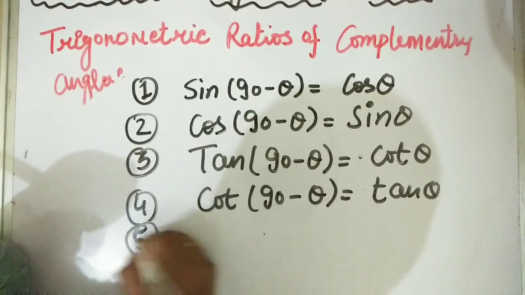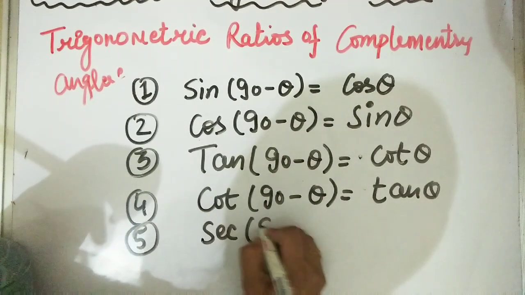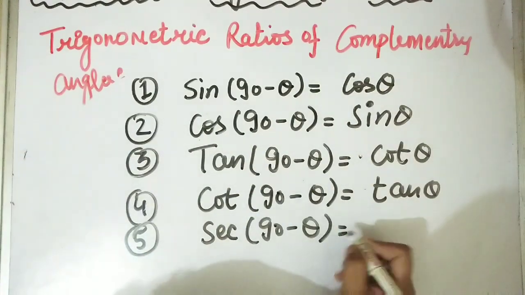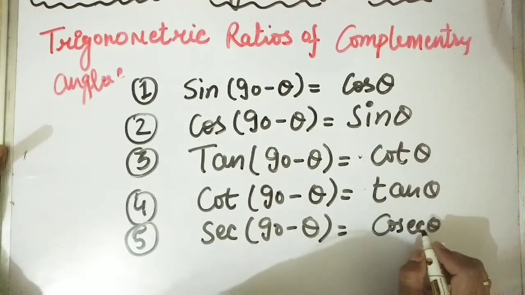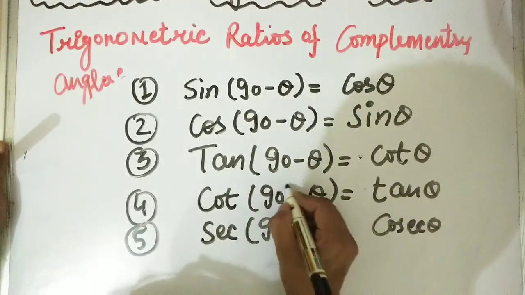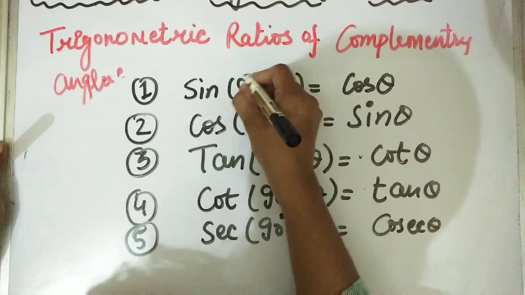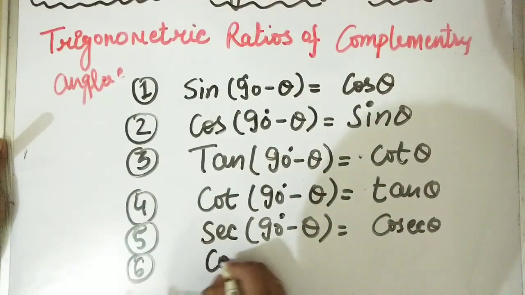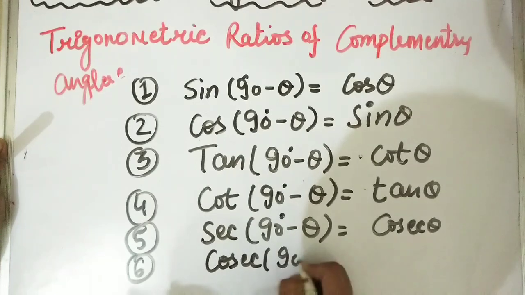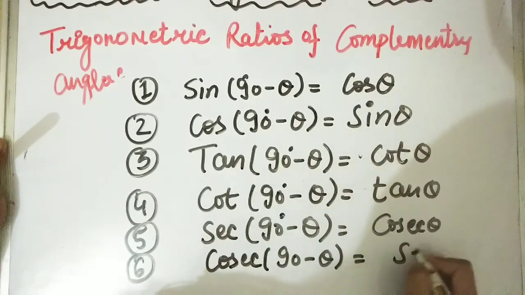Fifth result, sec 90 minus theta equals cosec theta. Degree must be there. And the last result, cosec 90 minus theta equals sec theta.